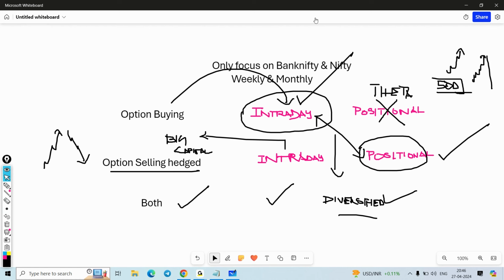Now tell me, how many traders here are dependent on any one? Only option buying, or only option selling edge, intraday or positional. How many are dependent on only one? Yes or no?